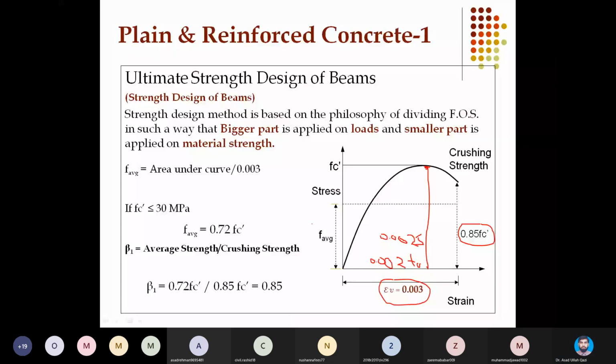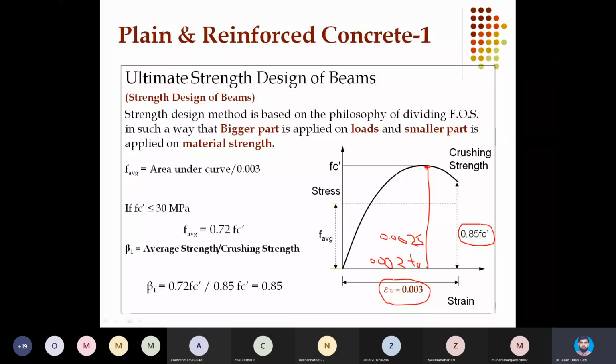So there is one simplified approach given here, which will be valid up to a certain range of FC prime, which we want to discuss, and which will be used in the next slides.